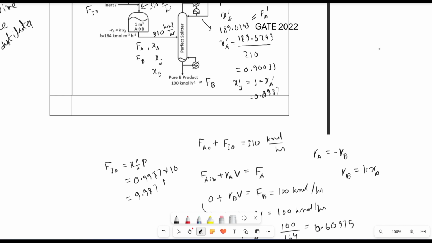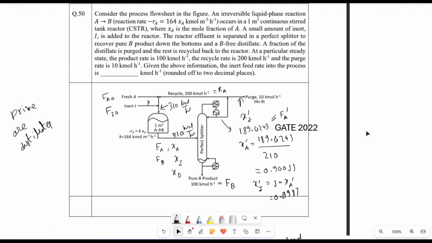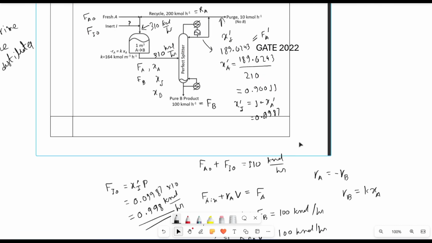Sorry, my mistake, this is 0.09987 into 10, which is equal to 0.998 kilomole per hour. So this is the flow rate of inert entering the system: 0.998 kilomole per hour.